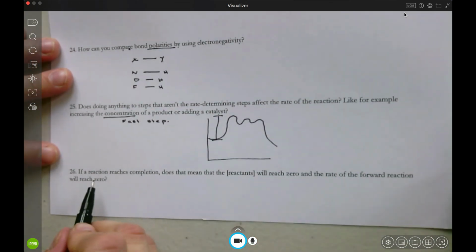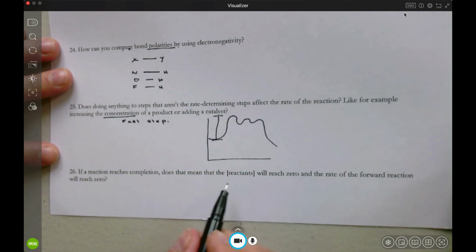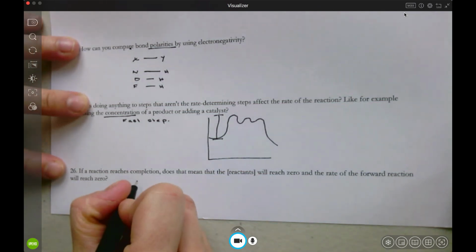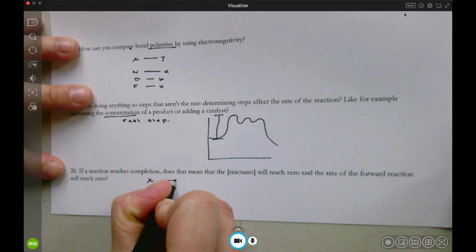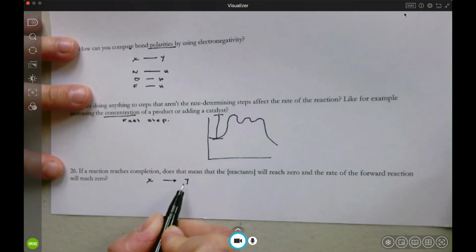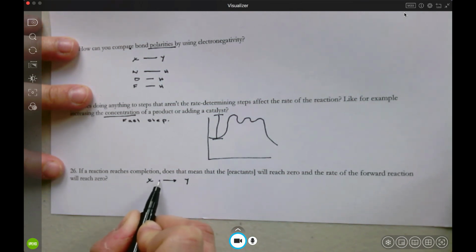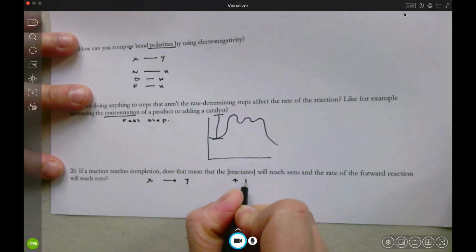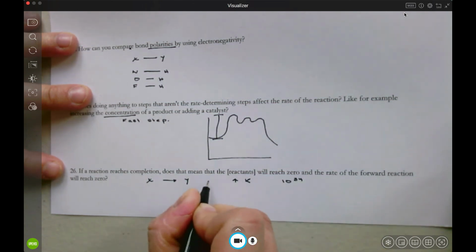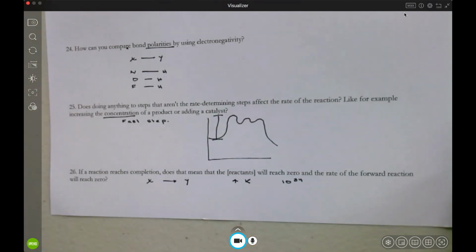For 6, if a reaction reaches completion, does that mean the concentration of reactants will equal 0 and the rate of the forward reaction will reach 0? The answer is no. No matter the degree to which a reaction proceeds, you will not produce only Y, because every reaction, no matter how high your K is, right? If it's 10 to the 34th and you're like, yeah, my products are super favored, that is true.